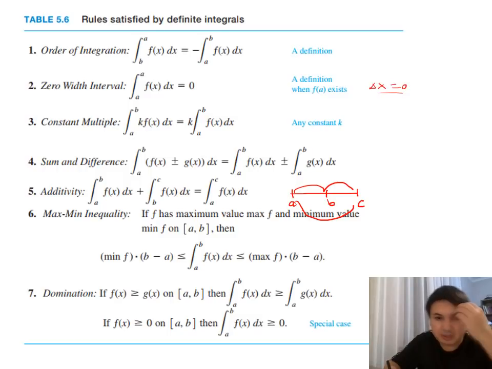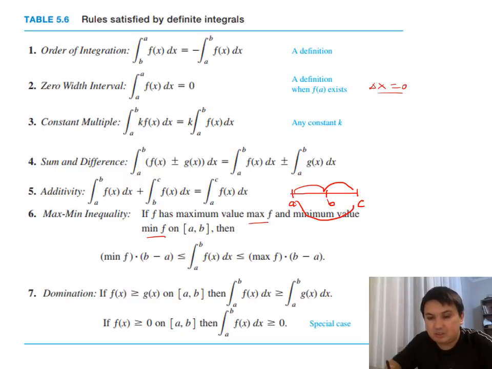The max-min inequality says the following. Let's say that I have a maximum of f and a minimum of f on [a, b]. If I assume my function f is continuous, we know by the extreme value theorem that the minimum and maximum exist. Then here's the relation. The definite integral always falls between minimum f times (b minus a) and maximum f times (b minus a).